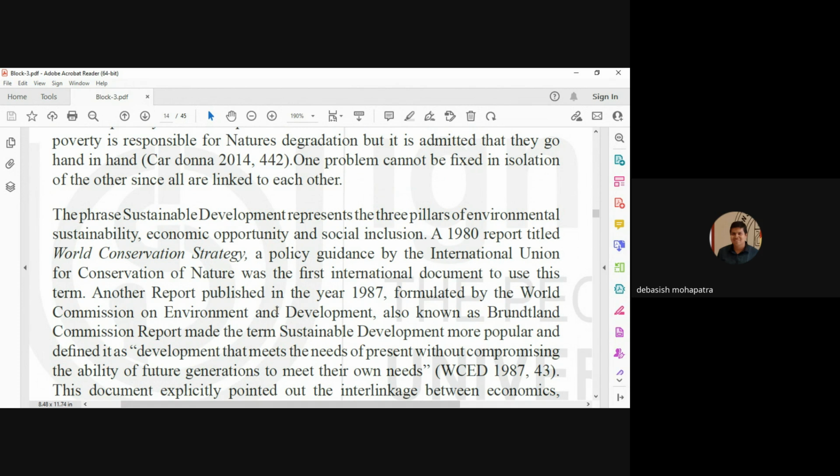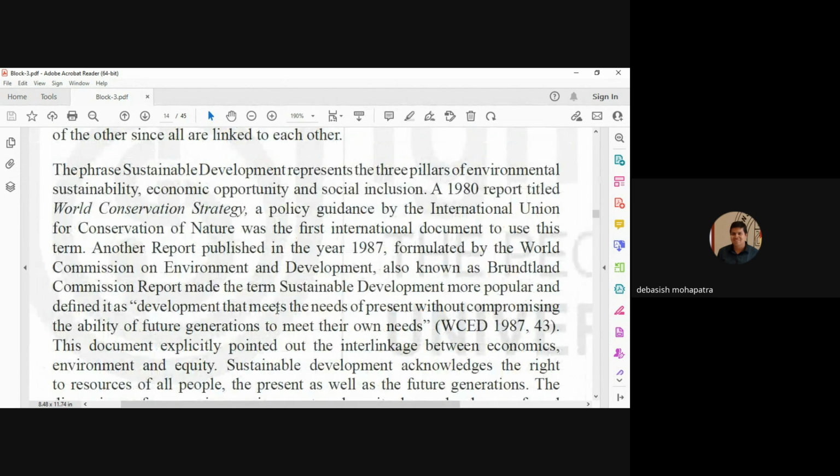Another report published in the year 1987, formulated by the World Commission on Environment and Development, also known as the Brundtland Commission report, made the term sustainable development more popular and defined it as development that meets the needs of the present without compromising the ability of future generations to meet their own needs.